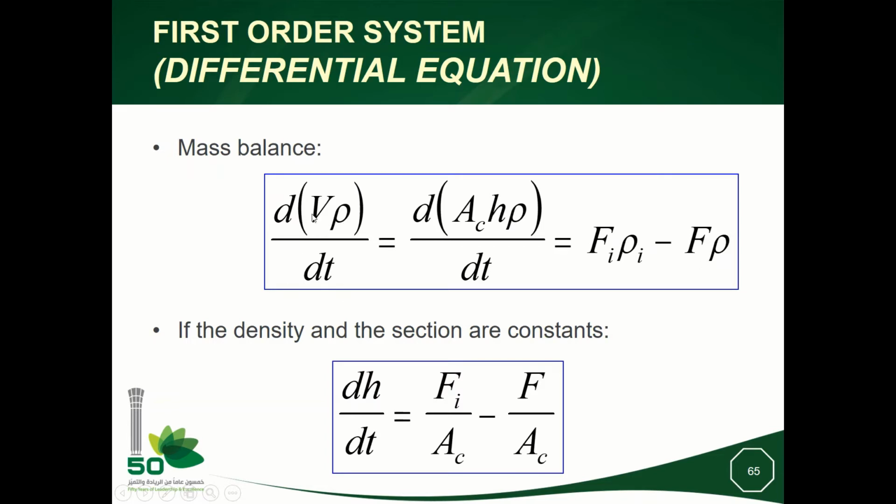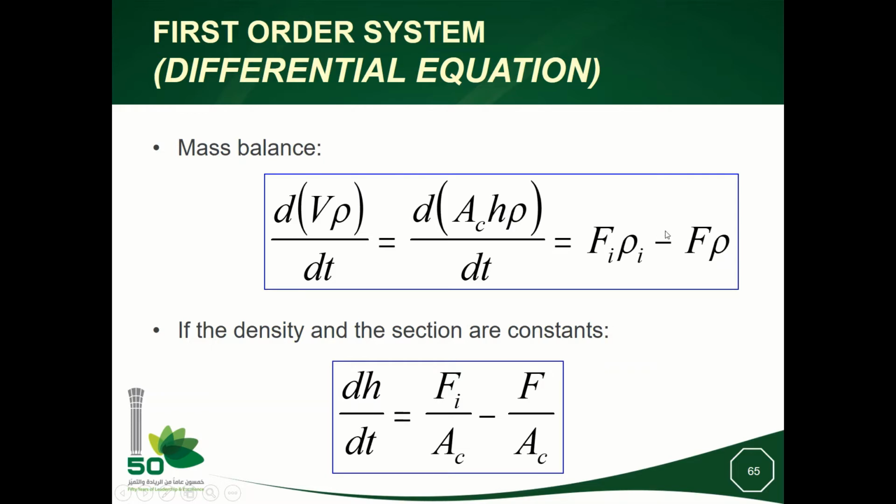So rho times V is mass, because V is the volume of the tank and rho is the density of the liquid. Mass over second became a flow. So the variation of the mass will be the flow in minus the flow out.